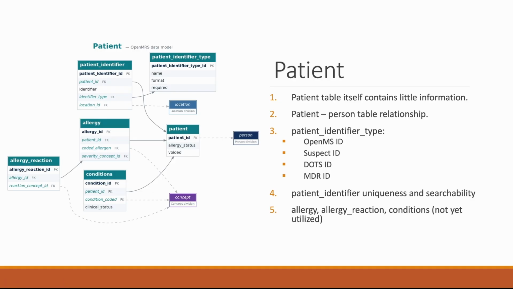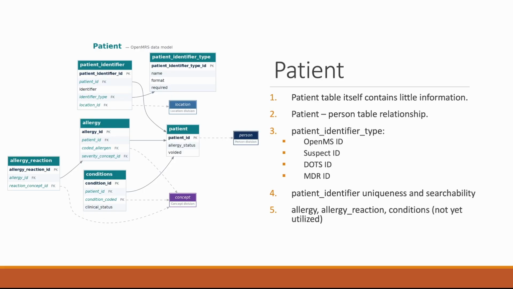Now there are certain tables which we are not utilizing because these didn't exist previously. We are not making use of allergy and allergy reactions or conditions for patients. This is a modern addition in the system. You may record patient allergies exclusively. So if say a patient is allergic to lactose, you may record that.